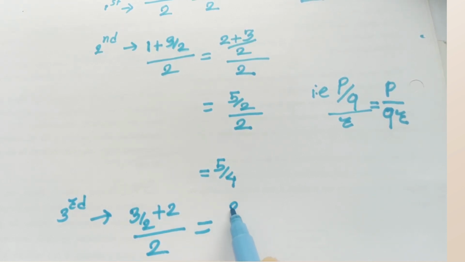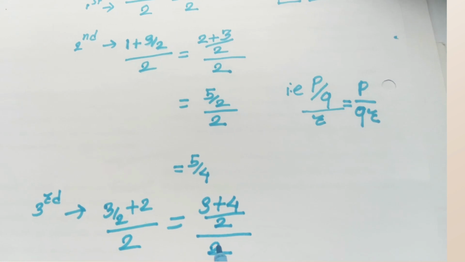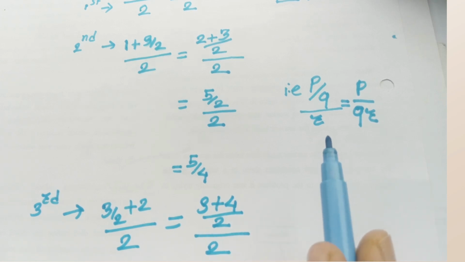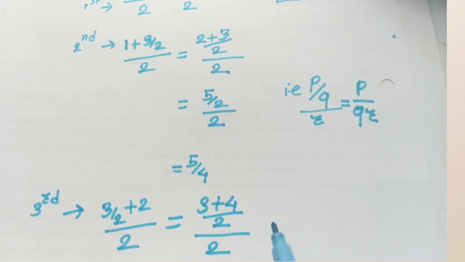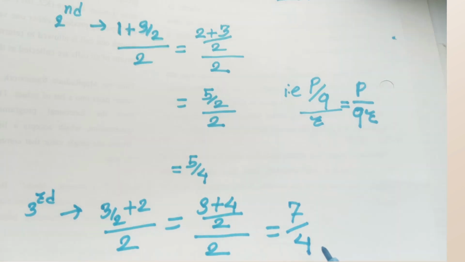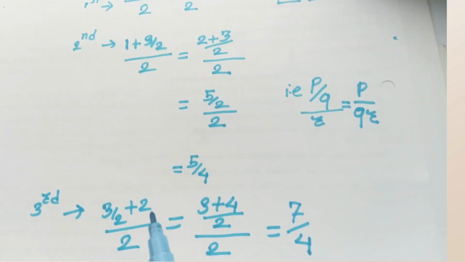So here 3 plus 4 divided by 2, whole divided by 2. Now take the addition of the numerator term, that is 3 plus 4 is 7, divided by 2 divided by 2. Again applying the same rule, we get 7 divided by 4. This is the next rational number which lies between 3 by 2 and 2.